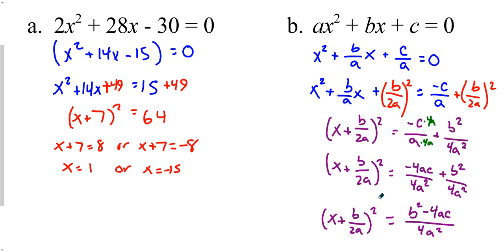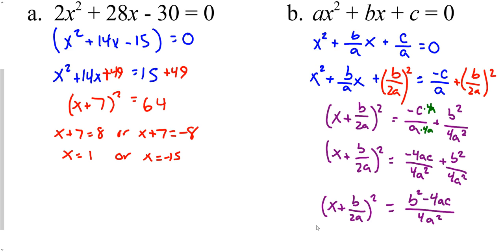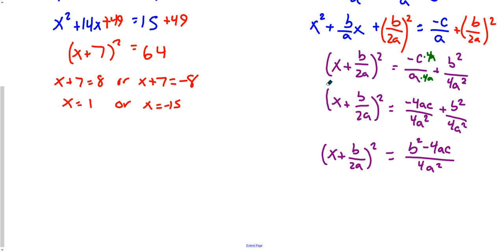Okay, we're getting somewhere. Now, all we have to do is separate off that x, right? Let's see what happens. Okay, so now that we have this, over here we wrote out two equations by taking the square root of both sides. Here, we're going to take the square root of both sides.